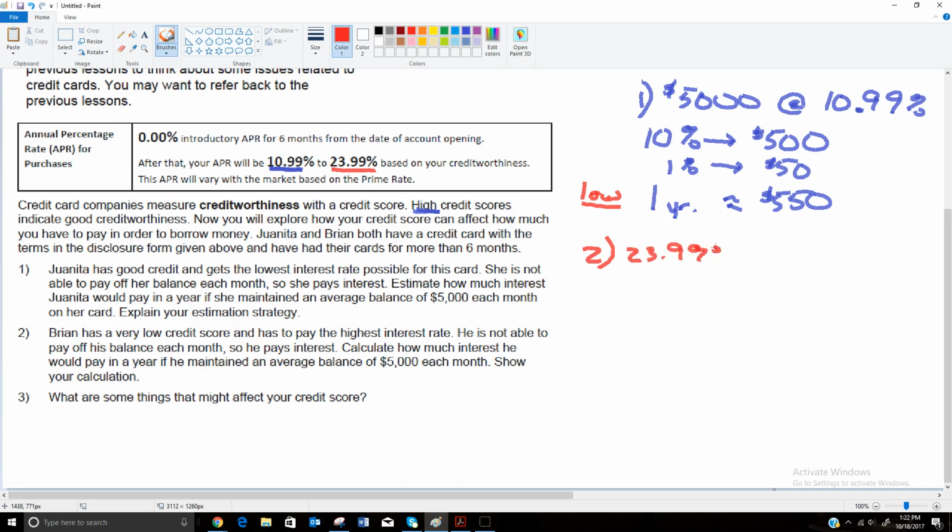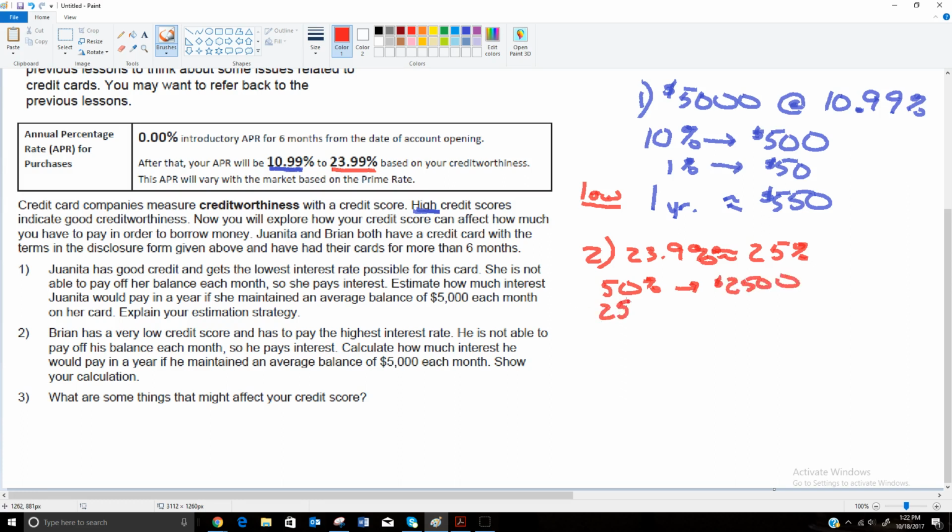23.99% is pretty darn close to 25%. I mean, I know I'm a whole percentage point off, but 25% is 1/4, so that's easy. So what would be 1/4 of $5,000? Well, half of $5,000, 50%, would be $2,500.